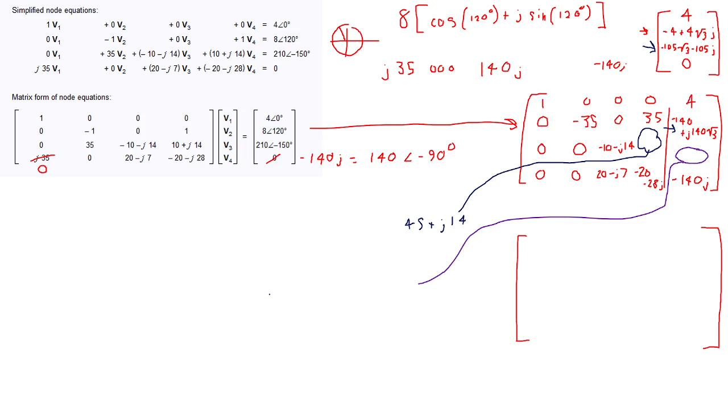So this is just going to be minus 105 radical 3 minus 140, whatever that is. And then the J component is 140 rad 3 minus 105 J.